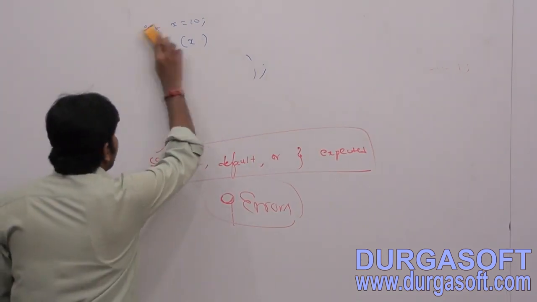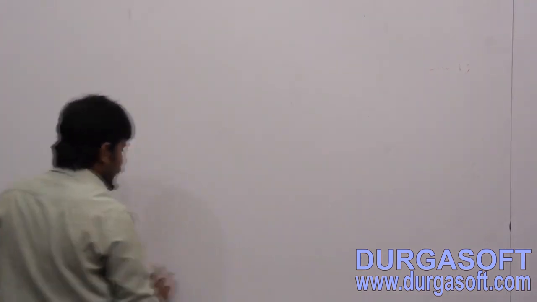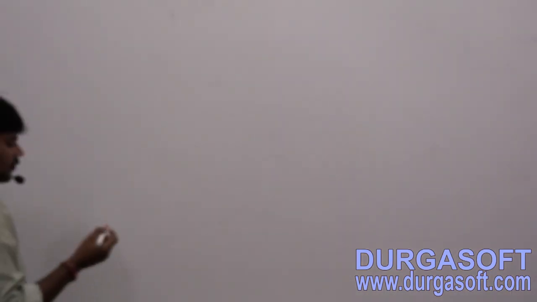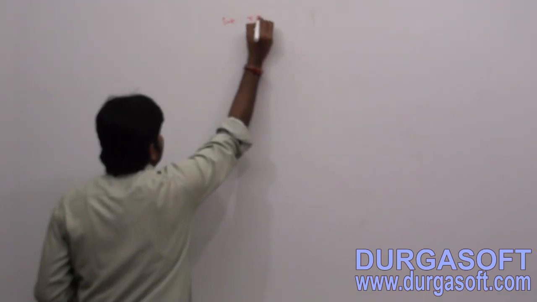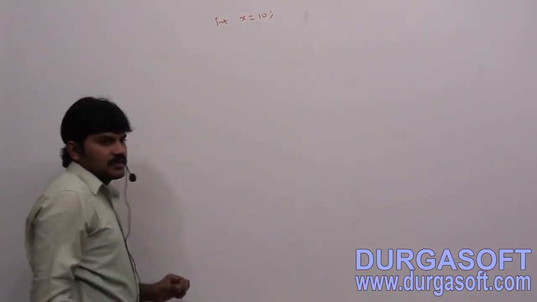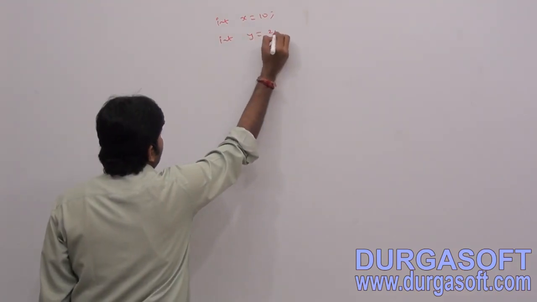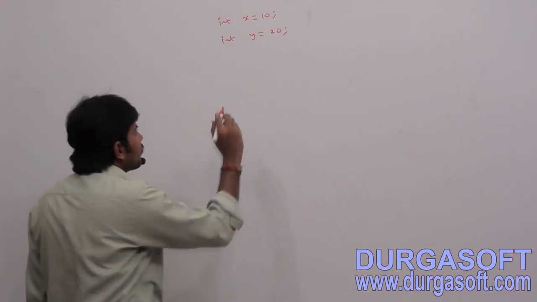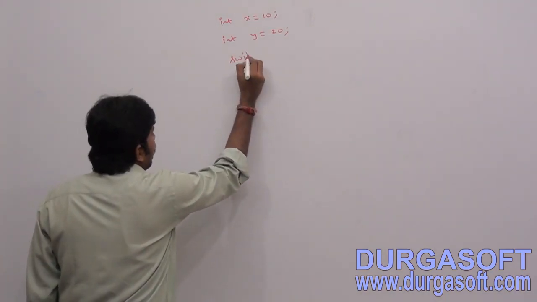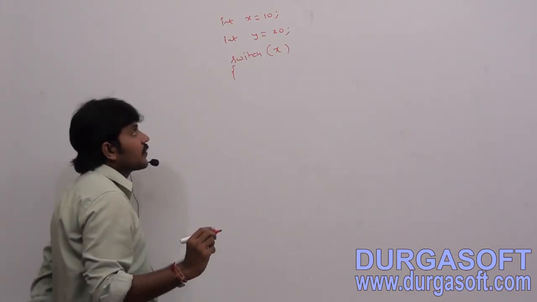Next, fourth conclusion. Here see, I am taking int x is equal to 10 and int y is equal to 20. Switch of x.